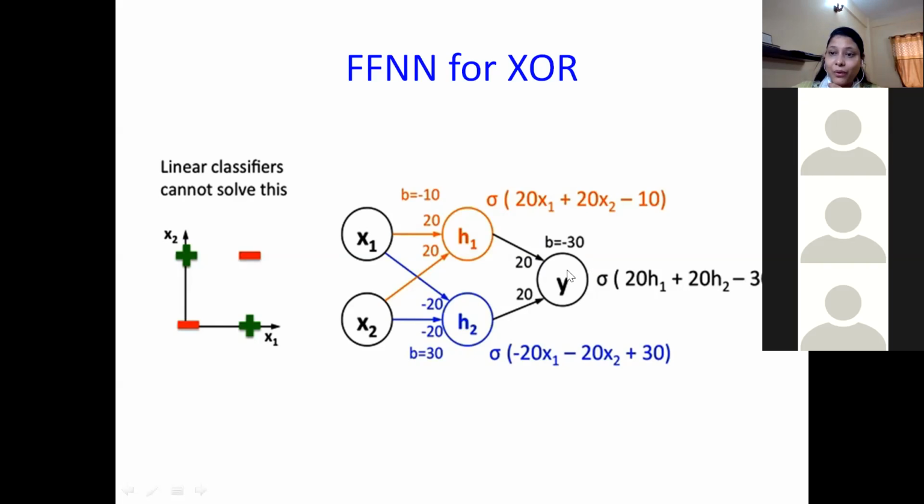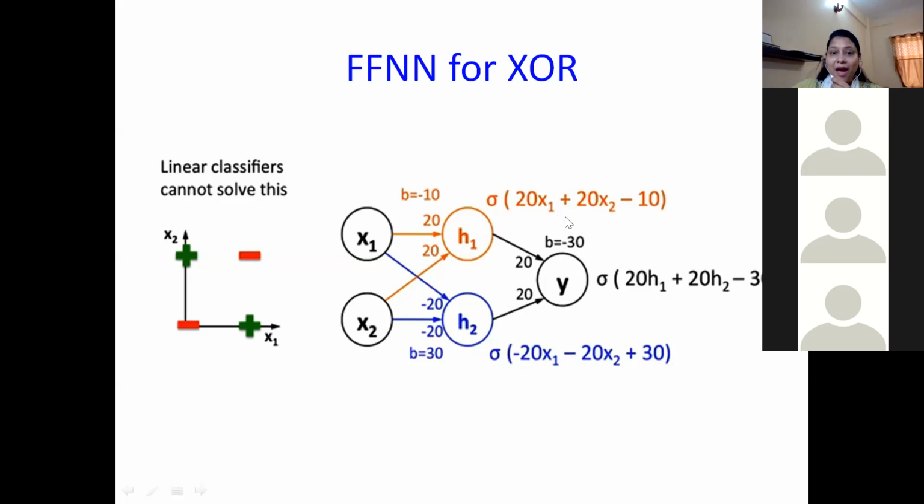Whenever you compute the output expression of this particular node, or we can say neuron, it is having 20 H1, because the link is coming from H1, not X1 here. That is why we are talking about the multi-layer perceptron. This is a multi-layer perceptron, a multi-layer feed-forward neural network, you can say anything. So here you can see this is 20H1 plus 20H2 minus 30, because this particular neuron is having the bias value as minus 30.